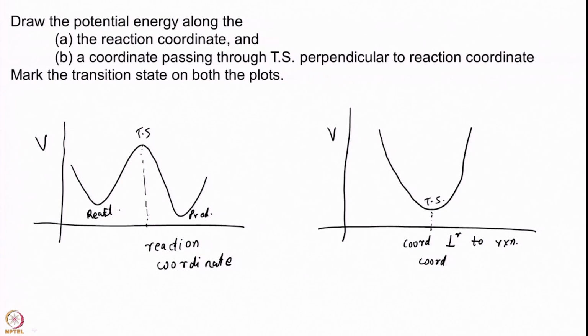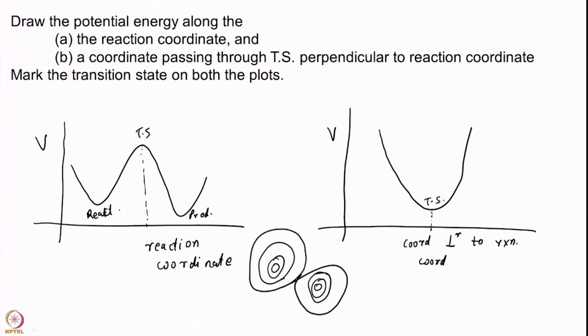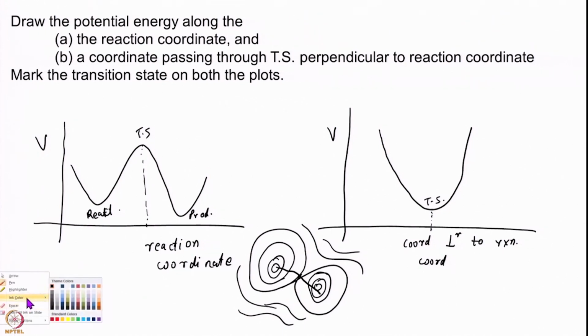Transition state is a minimum for any coordinate that passes perpendicular to the reaction coordinate. Alright. So, once more a contour plot if I draw, these kind of contour plots that I have drawn a few times now. This is reaction coordinate, let me just change the color to red.